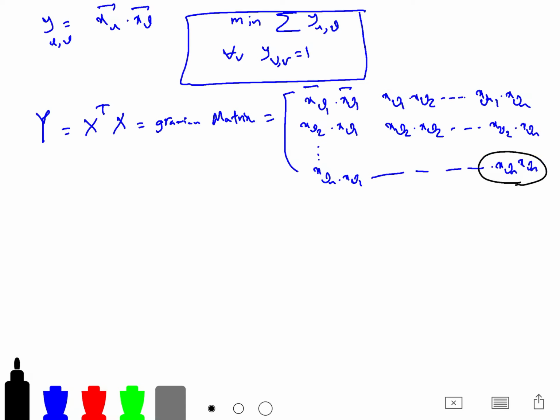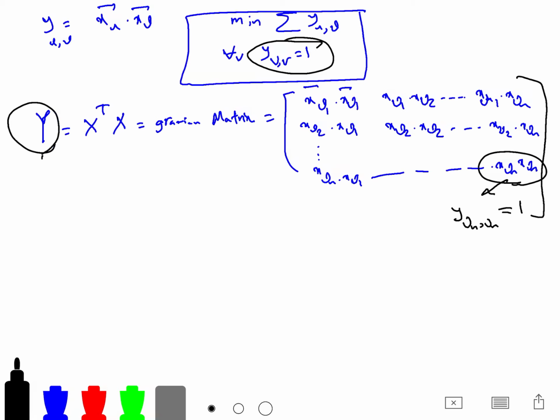For example, here is just y vn vn, and because we have the unit vector constraint, it is 1. And Y is the matrix of dot products.